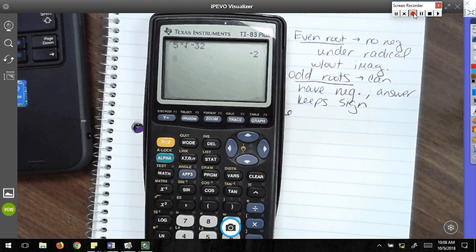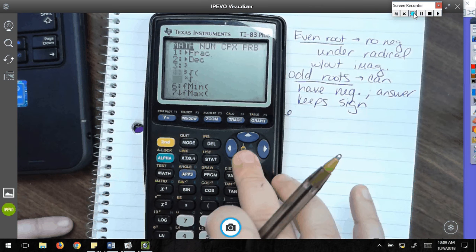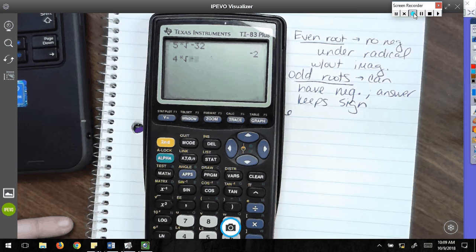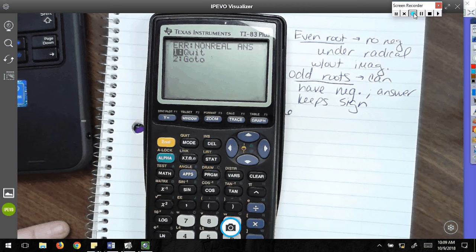So you can enter any root on your calculator. Of course, easy roots I would like for you to be able to do without the calculator. And just to show you, remember I told you that you couldn't do even roots of a negative number without getting an imaginary. So if I do try, my calculator will give me an error there.